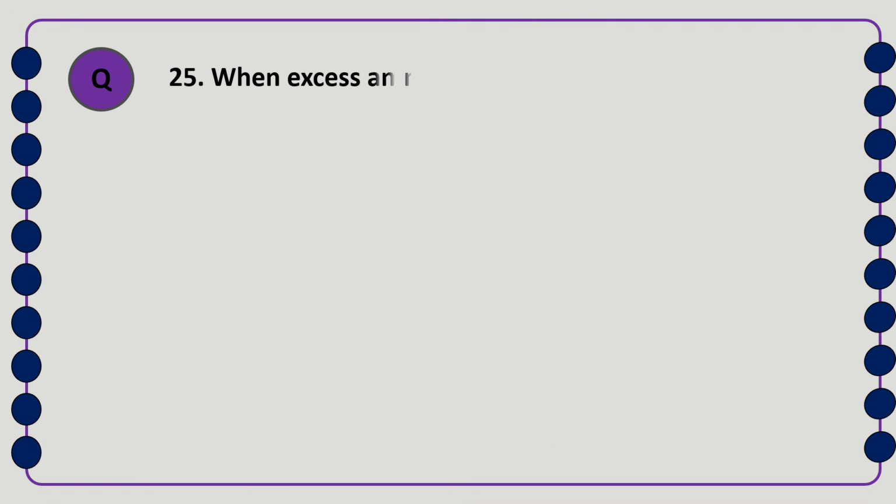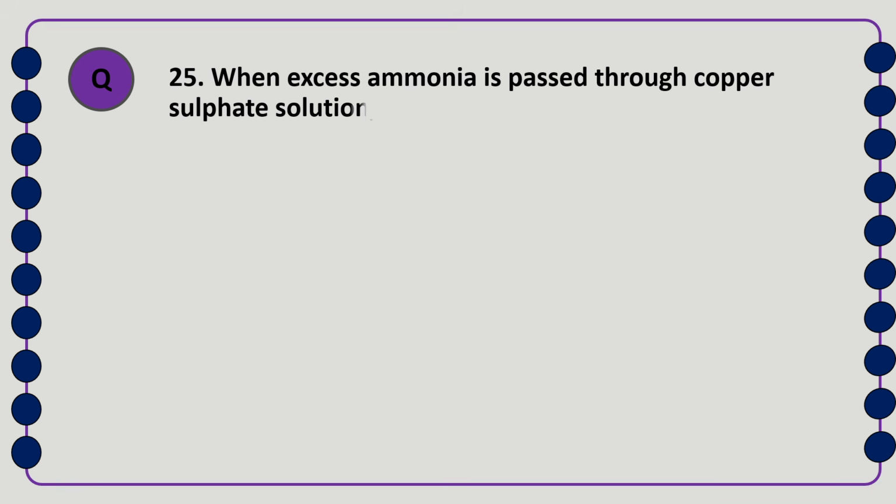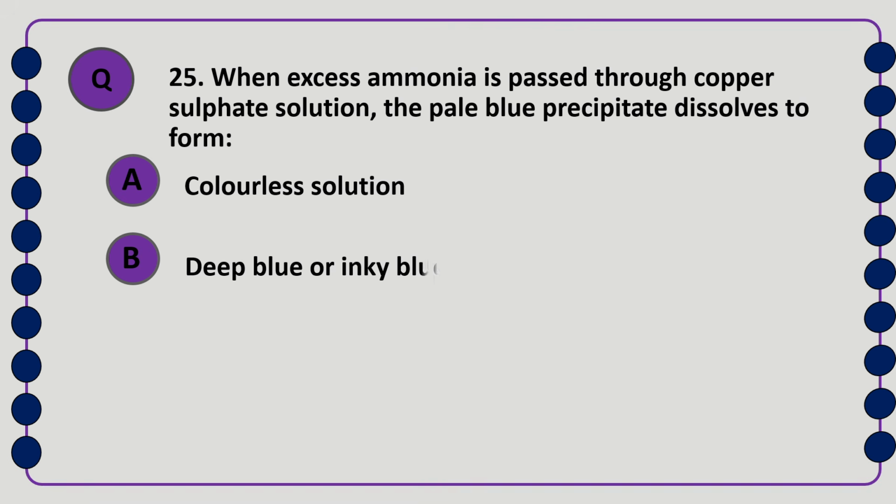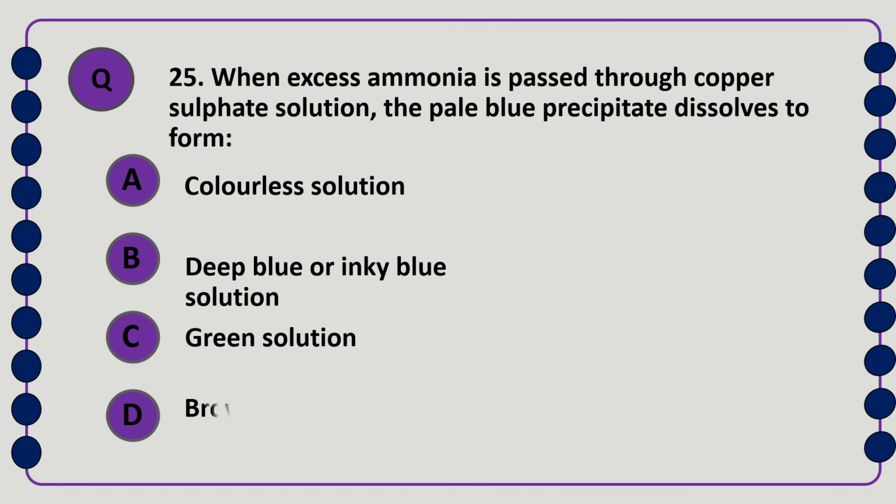Question number 25. When excess ammonia is passed through copper sulfate solution, the pale blue precipitate dissolves to form colorless solution, deep blue or inky blue solution, green solution, or brown solution.